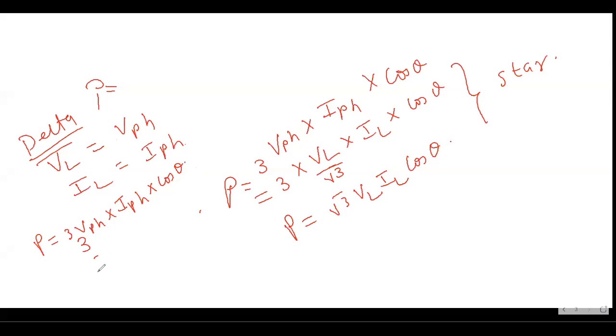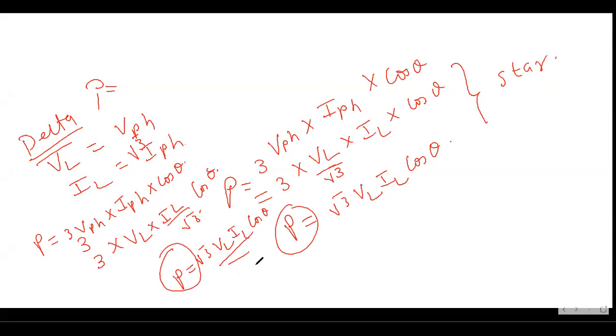Very good. And for current, IL will be equal to root 3 of phase current. So IL by root 3 cos theta. So again, power will be root 3 VL IL cos theta. So you can see the power is coming out to be the same here. Same thing is mentioned over here in your PPT.